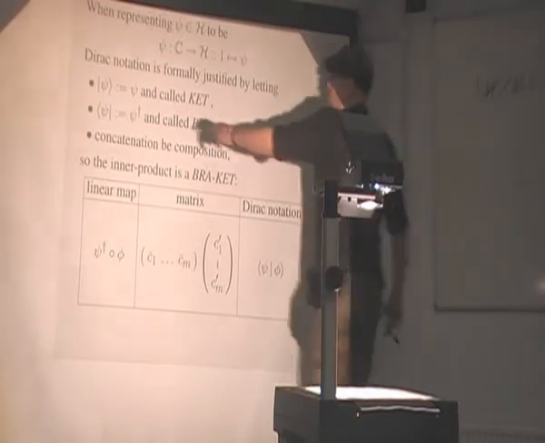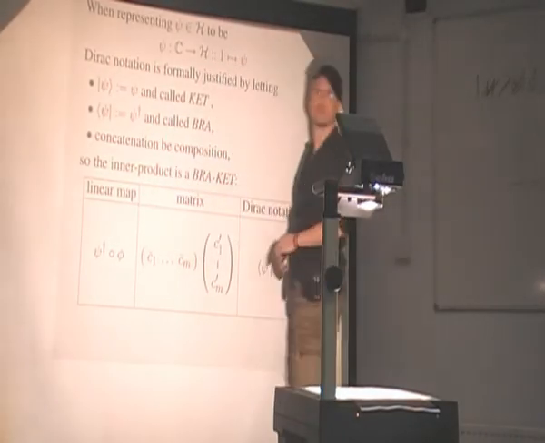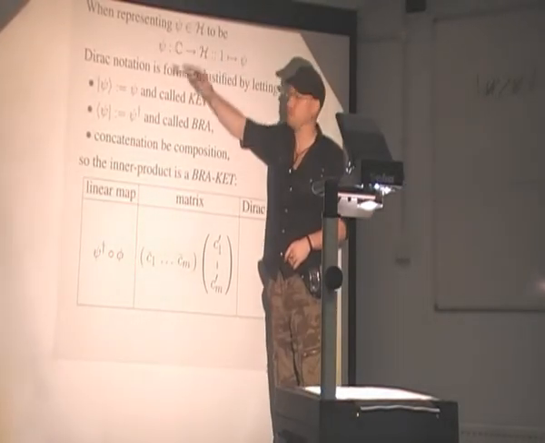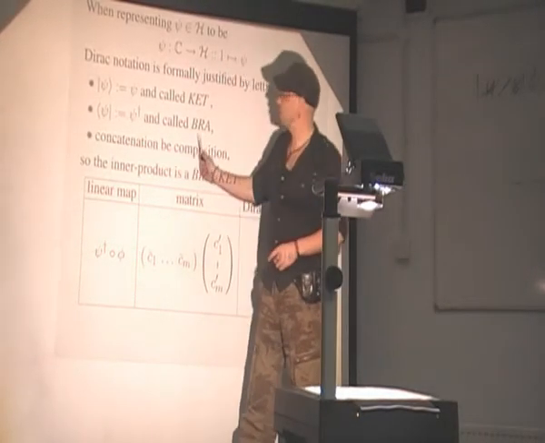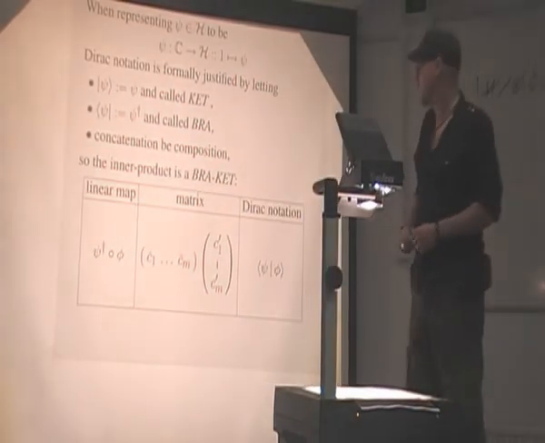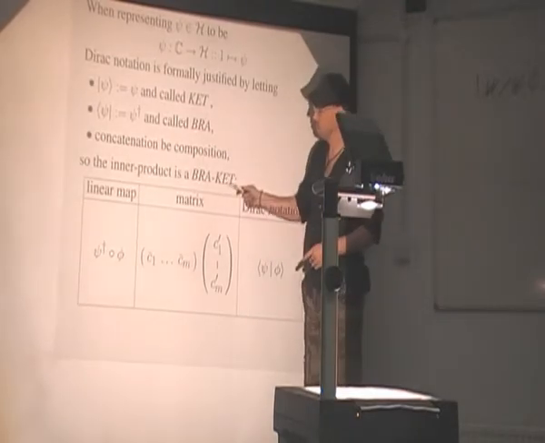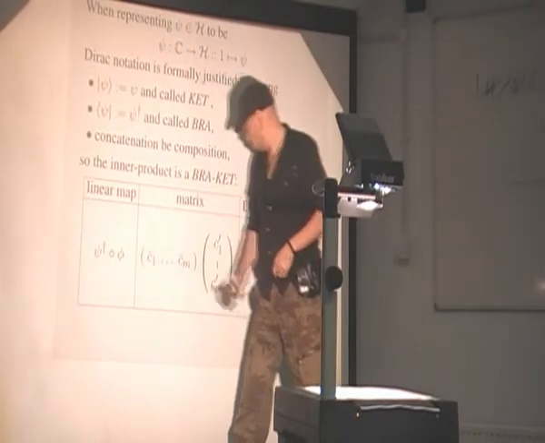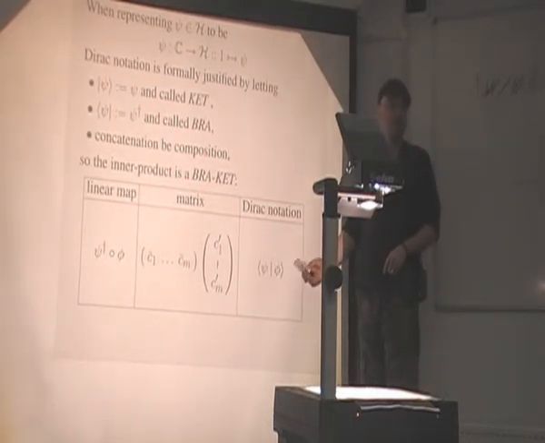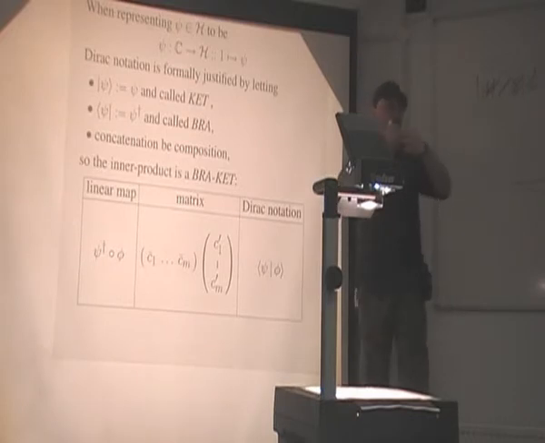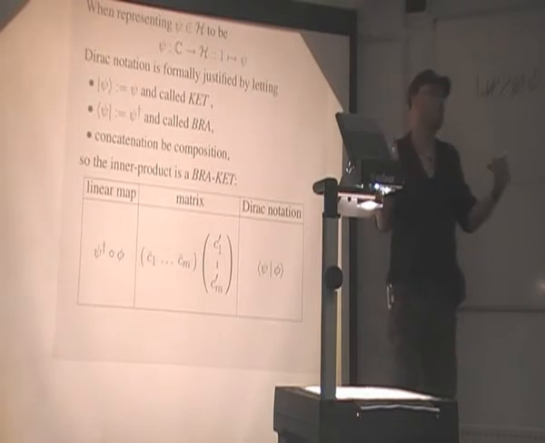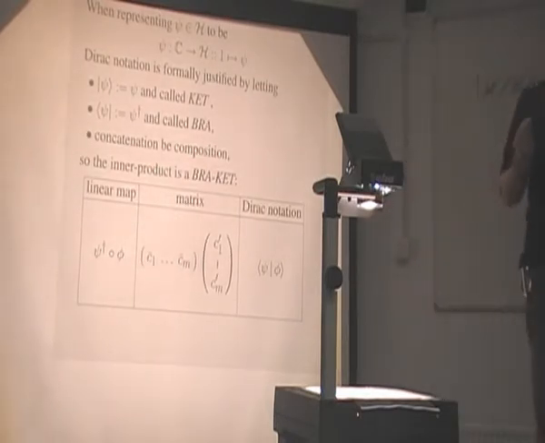And now there is this thing called Dirac notation, and this is what physicists would call a ket vector. That's what I want to interpret as this linear map. And what I call a bra vector, you want to interpret as its adjoint. Then they have this thing called the bracket, and that's the composite of these, and you see it's the inner product, a bra and a ket. So basically the whole idea is to chop off the inner product in two sides, and give them some individual way of existing.